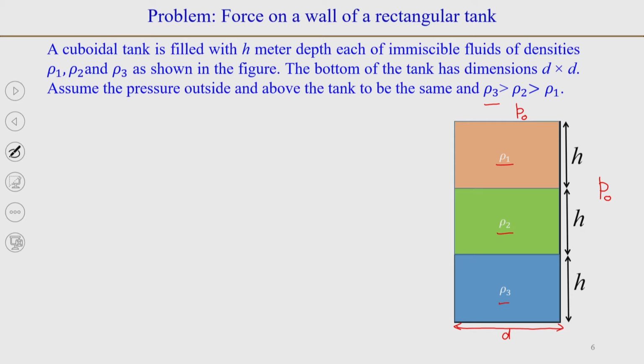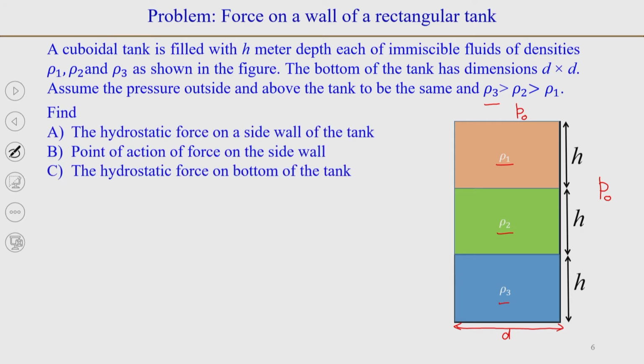Okay. So, the questions are that we need to find the hydrostatic force on a side wall of the tank. The tank is cuboid shape and it has a square cross section.